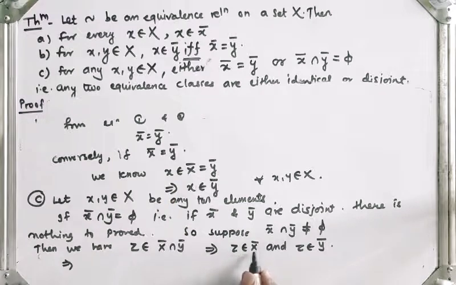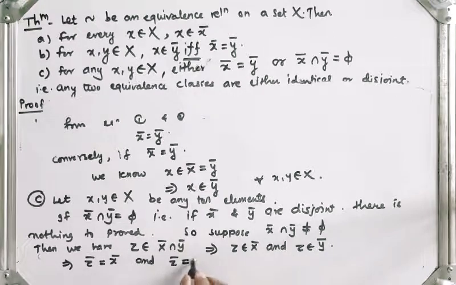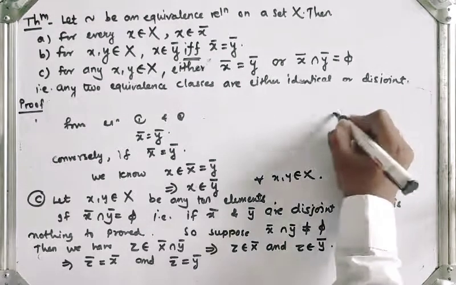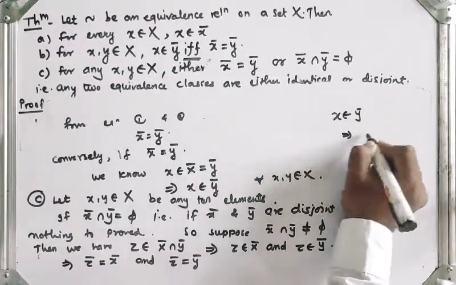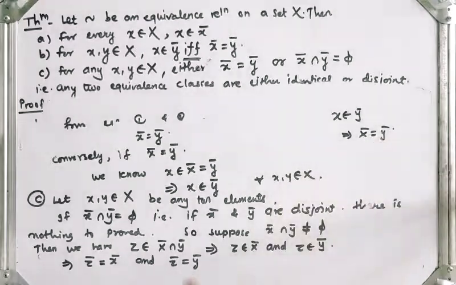If z belongs to x bar, then z bar is the same as x bar and z bar is the same as y bar. From the previous part we have seen that if z belongs to x bar and x belongs to y bar, then x bar is the same as y bar.